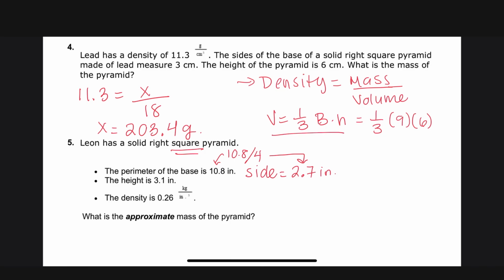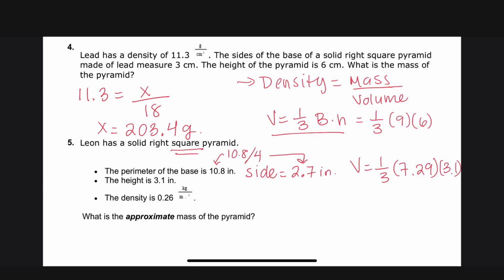So 1/3, the base area will be 2.7 times 2.7, which is 7.29, times our height, which is 3.1.